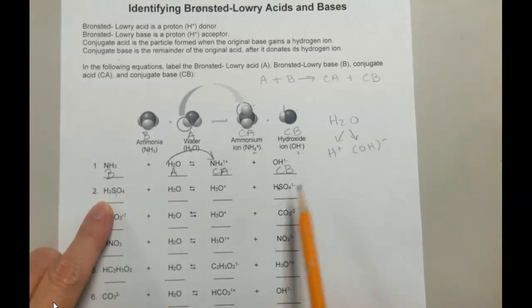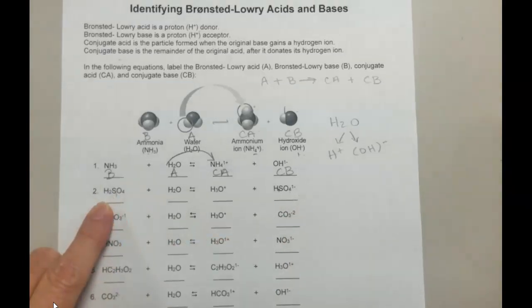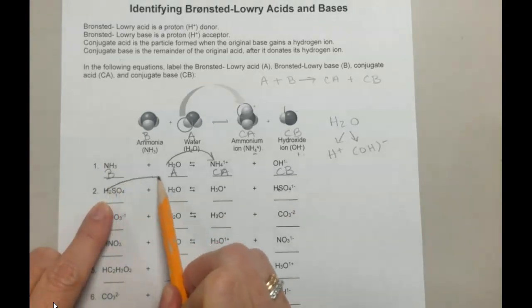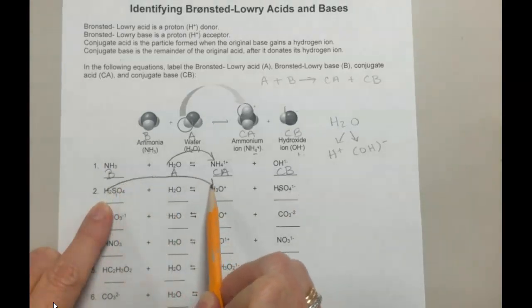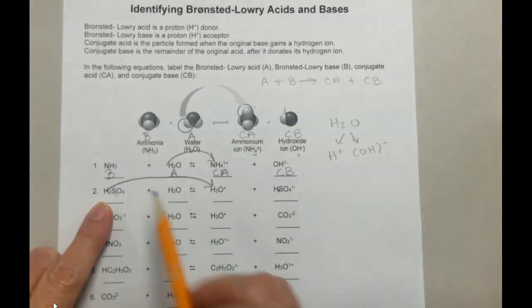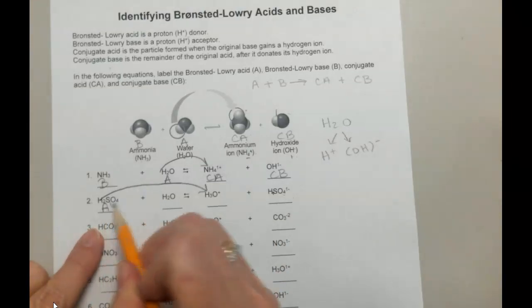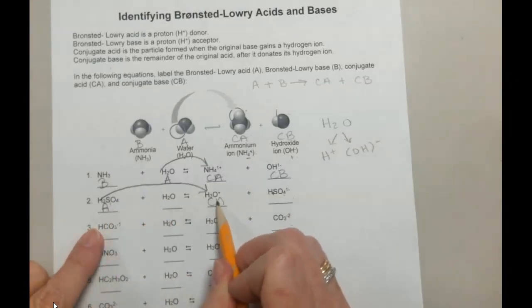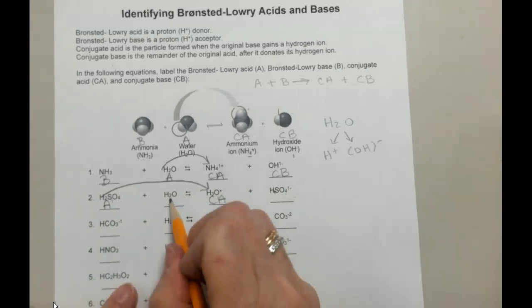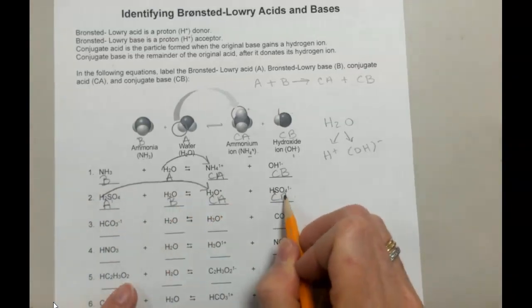That means he had to take one of his hydrogens and give it to somebody. So who did he give it to? He gave it to this guy here. Notice you can't give it to yourself, so that makes him the acid, and whoever he gave it to becomes the conjugate acid. That means this is the base and the conjugate base.